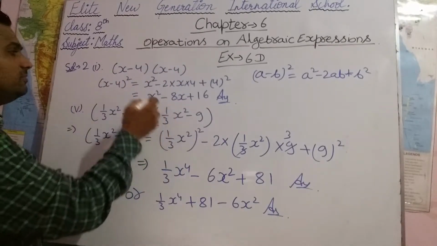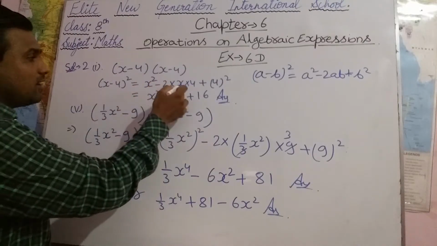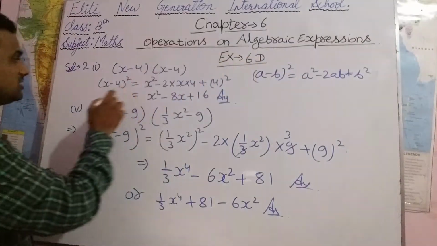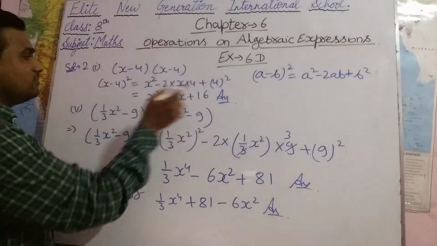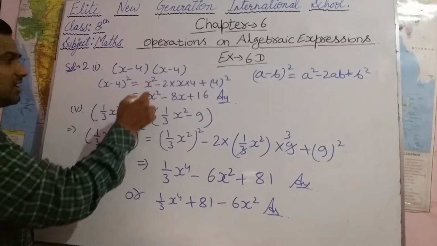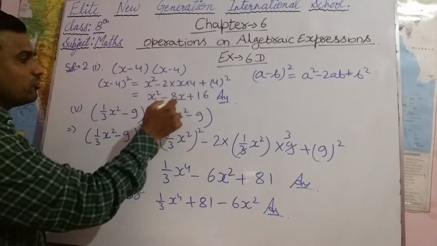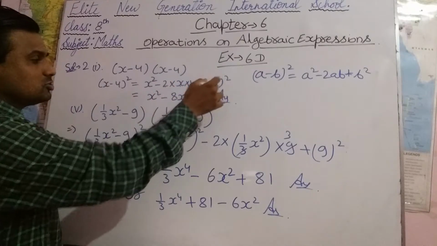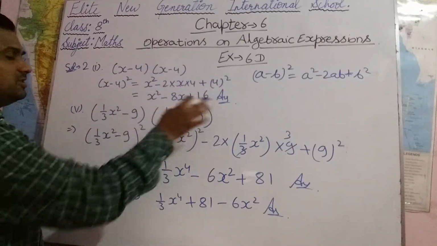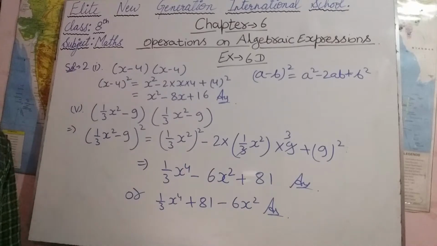So it will be x square minus 2 into x into 4, as 2ab means 2 into x into 4, and plus 4 square. So x square minus 8x plus 16. This will be the answer, x square minus 8x plus 16.